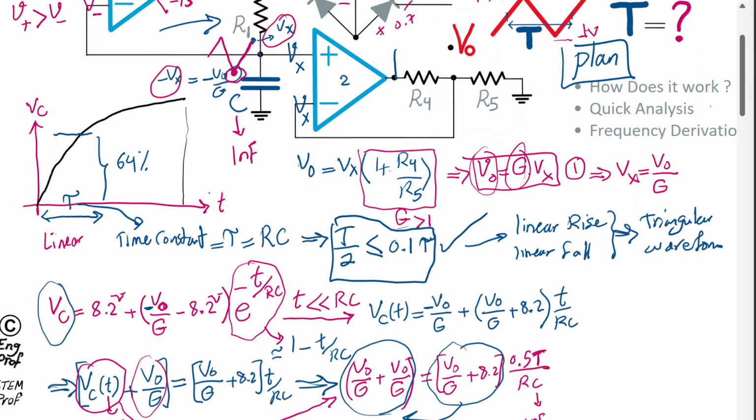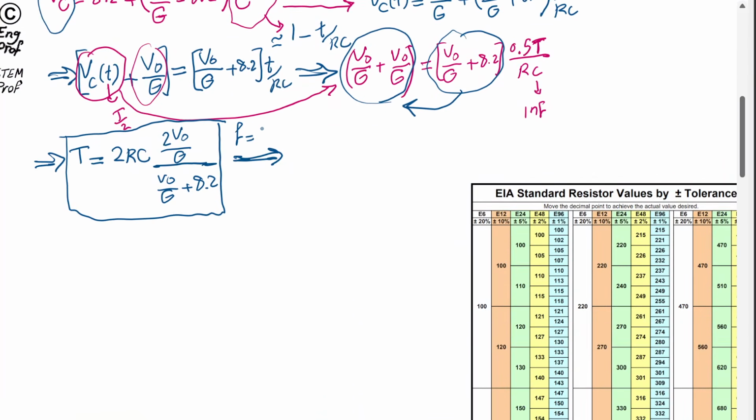Okay, so we are going back to here. If f is 1 over T, then the frequency of the triangular waveform is equal to, now I just need to invert this, and we have 2 times 2, which means 4.